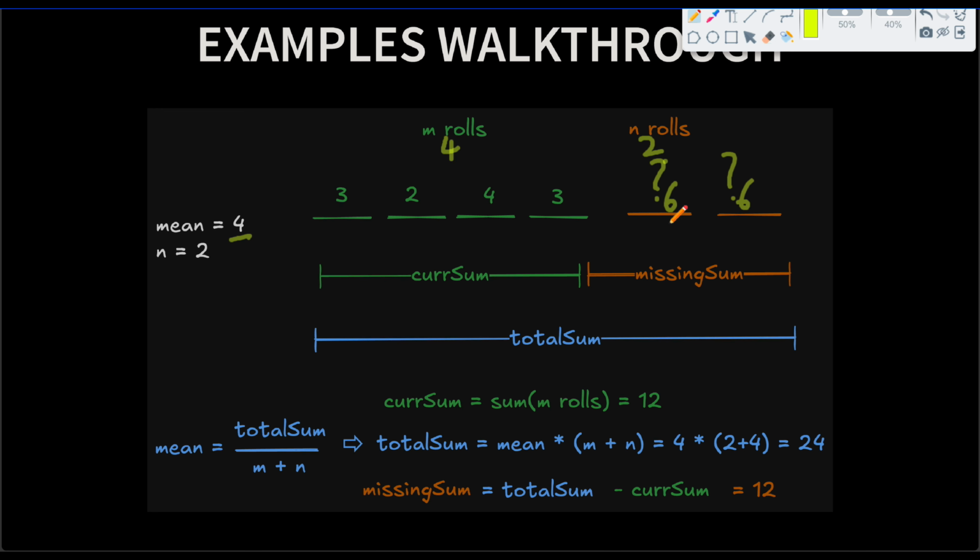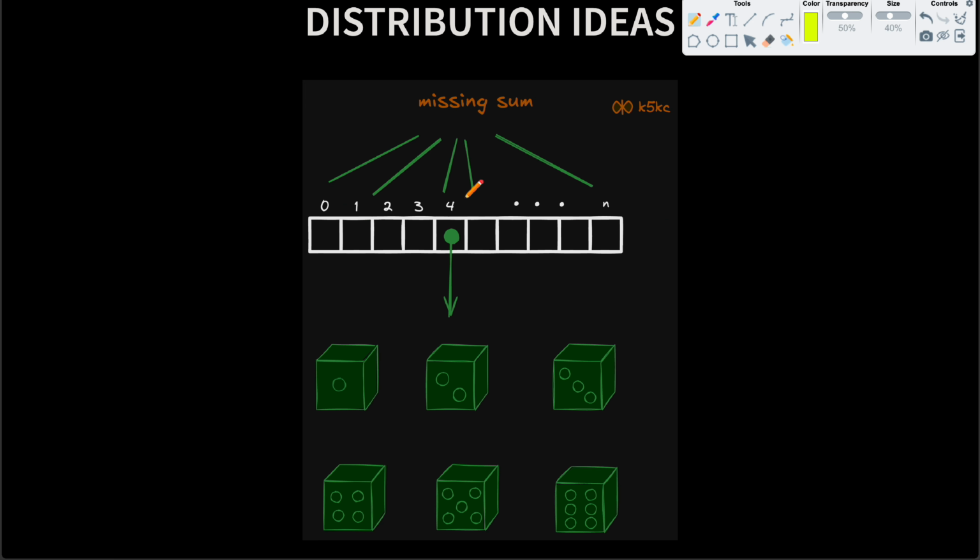But in general, how can we distribute the missing sum? For that, let's first see what can be the value of each roll. It can be between 1 and 6, right? So at minimum, all the observations should have value 1, and at maximum it can be 6. So our missing sum at minimum can be equal to n, because then each value will be 1, and at maximum it can be equal to 6n, because then all the observations will have roll value equal to 6.